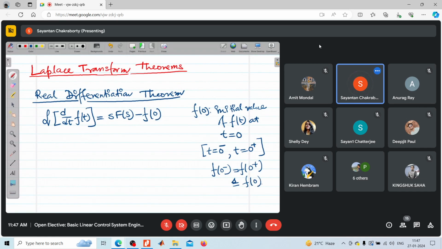Because there is a conflicting notion: some books follow f(0 minus), in some books they follow f(0 plus). So f(0) means, at the very instant where the input is applied, what was the initial value of that function. Suppose we are dealing with the charging of a capacitor. Now the capacitor may be completely discharged, so the charge stored will be 0, or it may have some residual charge.